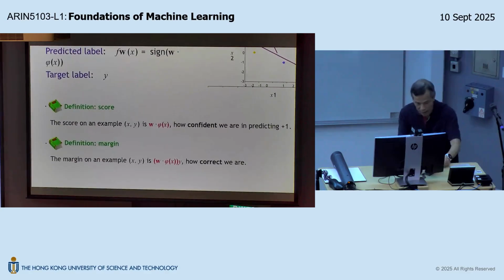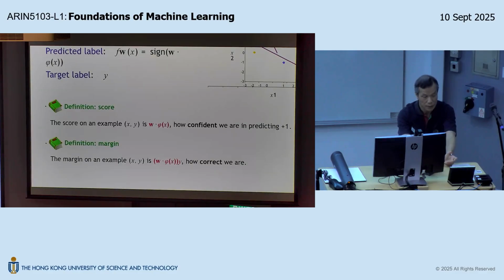But we can also consider this: if we also multiply this by y, what will happen? If you think it is very positive, the dot product is very big and positive, and you are correct, then for that sample the y should be equal to plus 1. Suppose the dot product is plus 100, and it really belongs to the plus class, so y is equal to 1, and this product will be plus 100.